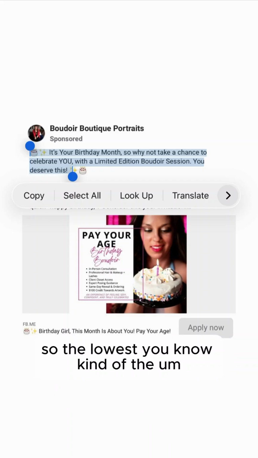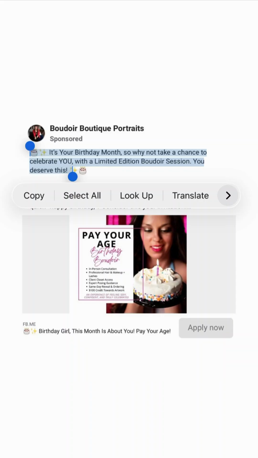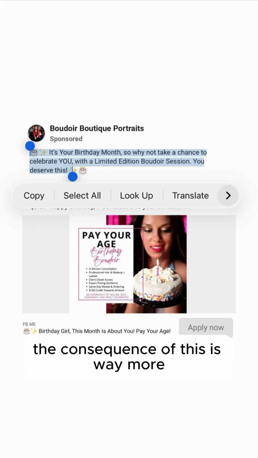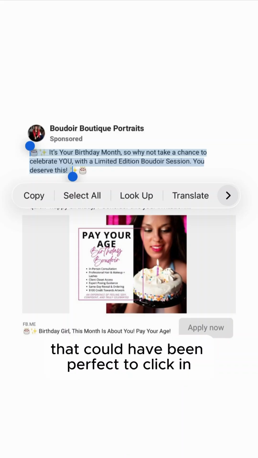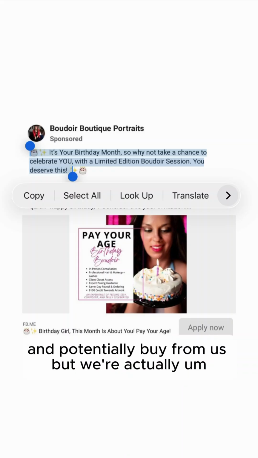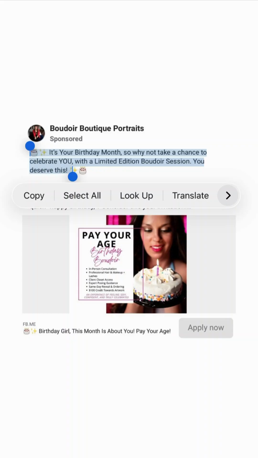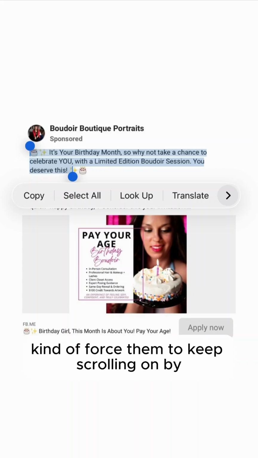The consequence of this is way more women are going to scroll by our boudoir Facebook ad than necessary. That could have been perfect to click in and potentially buy from us, but the way we set it up, we kind of force them to keep scrolling on by.